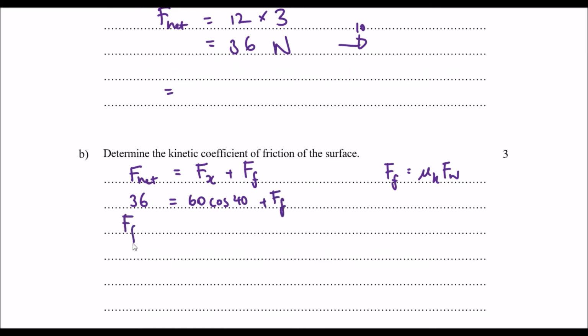So our friction force is the subtraction of 36 subtracted by 60 cos 40. Okay. So if I plug that value into my calculator, we get approximately negative 9.962666587 newtons. We'll just leave it as this number here for now.